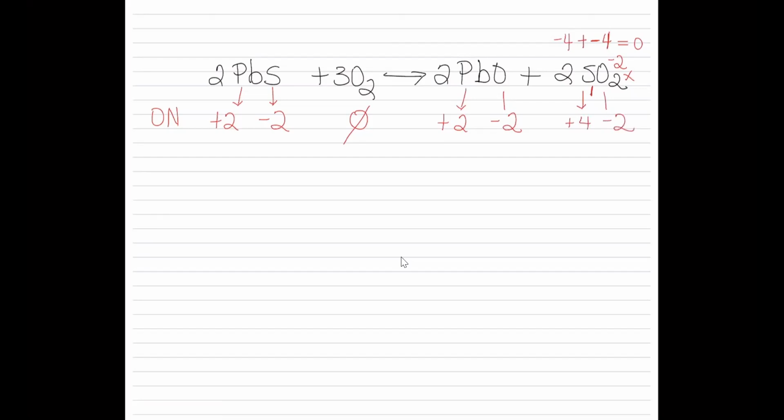So when it comes to this, we write in the atoms that we have, which is Pb, S, oxygen. And then we say, what is their oxidation number at reactants and at product?